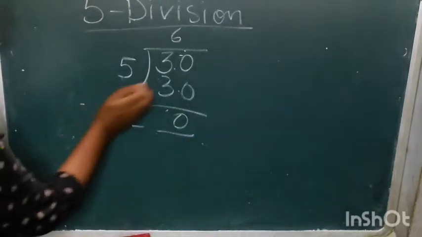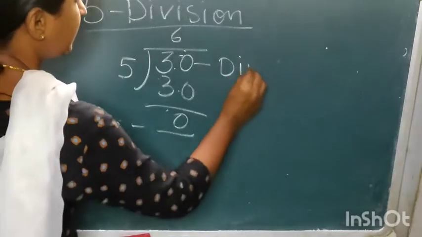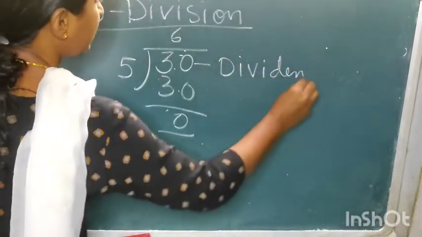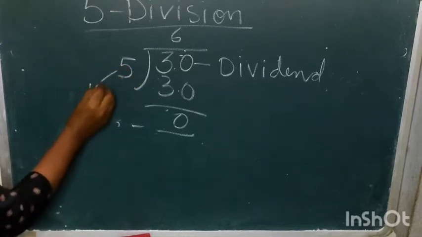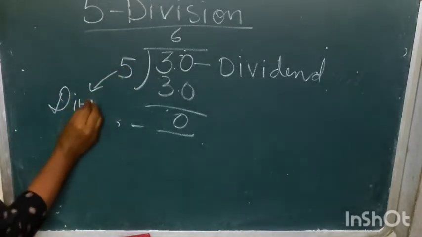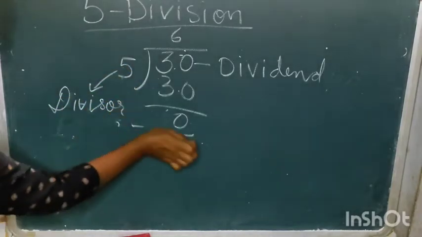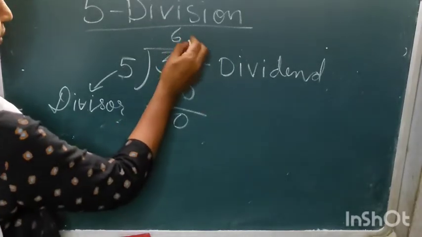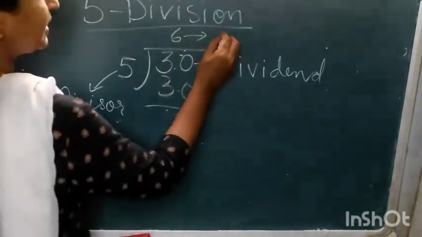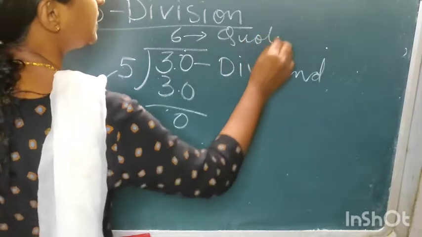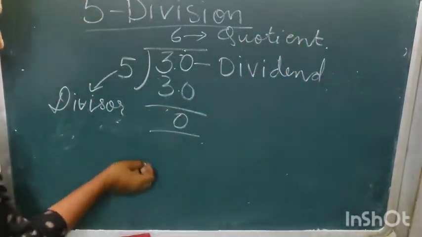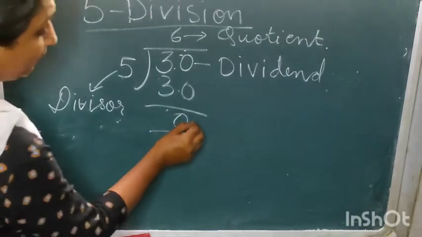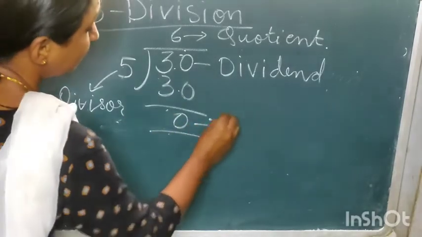So here 30 is the dividend. The number which you are going to divide is the dividend. The number by which you divide is the divisor. The answer you get is the quotient. And after subtraction, the number which you get is the remainder.